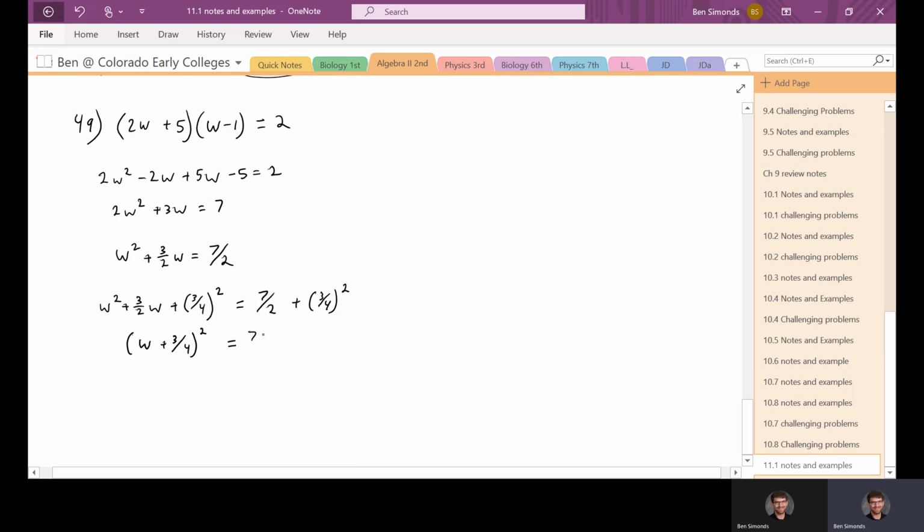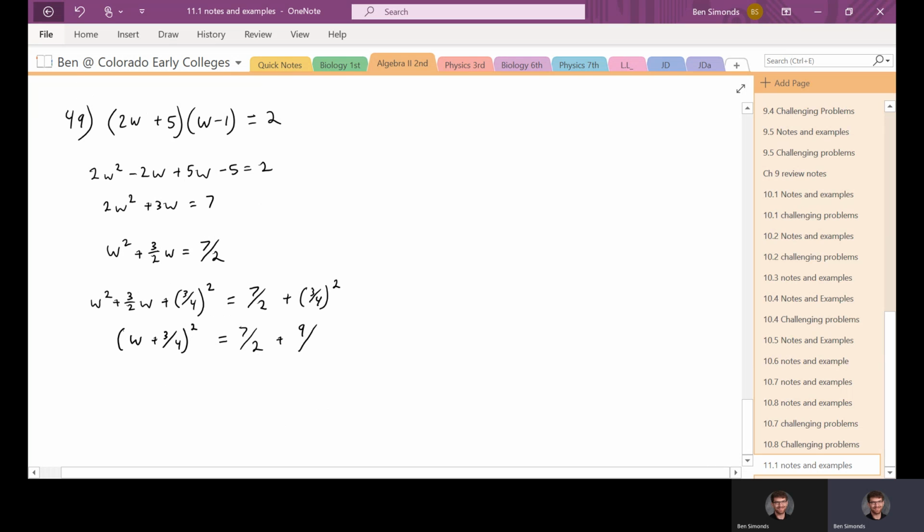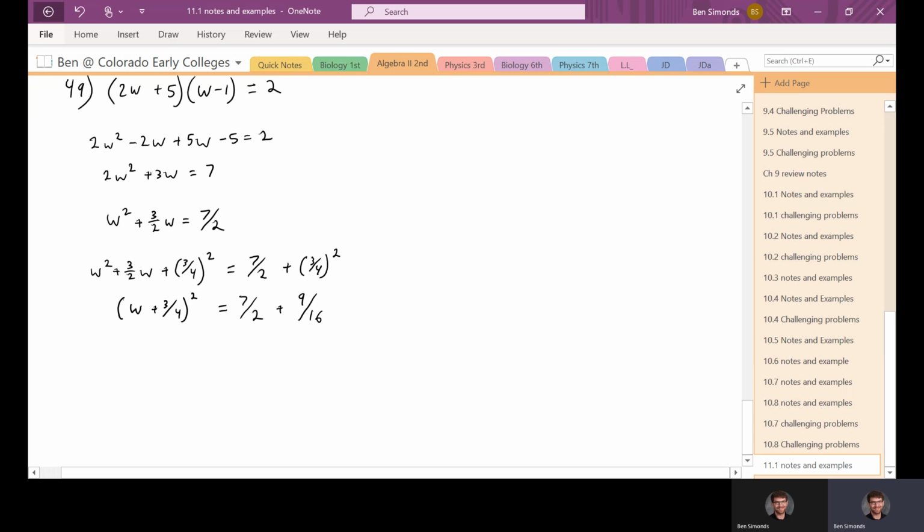And over here, this is going to get a little messier. So 3 squared is 9, 4 squared is, oops, sorry about that, 4 squared is 16, and well, that's kind of an ugly fraction, isn't it? So w plus 3/4 squared equals 16 times 8, so 7 times 8 is 56 sixteenths plus 9 sixteenths.